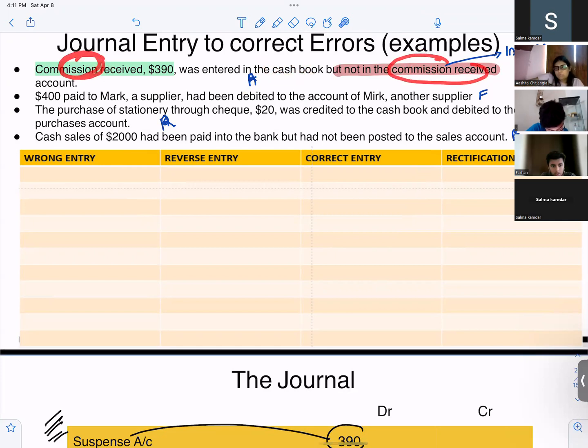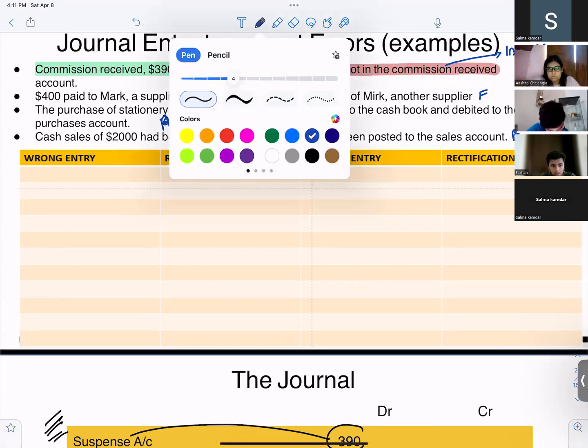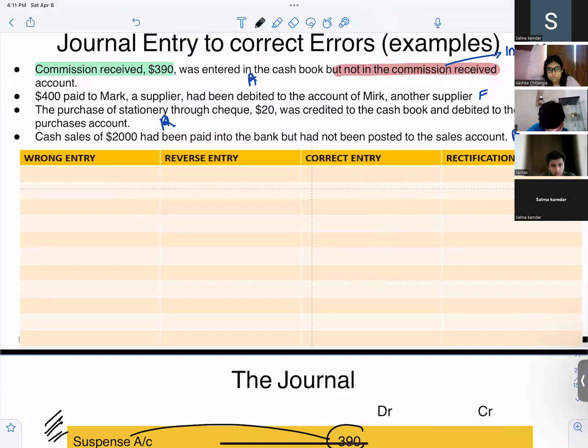You have not entered in commission received, so you will write commission received credit 390 and suspense debit.